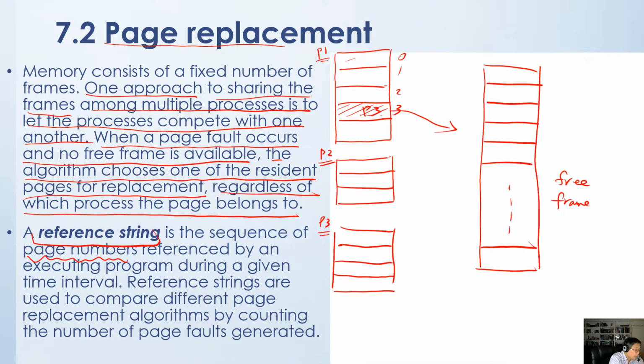Reference strings are used to compare different page replacement algorithms by counting the number of page faults generated. Now let's talk about this reference string a little bit more. Why do we want to use reference strings during page replacement?